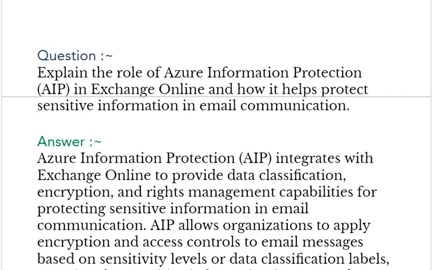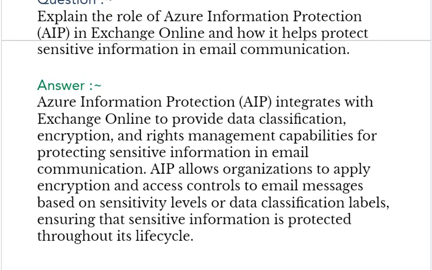Our next interview question is: explain the role of Azure Information Protection (AIP) in Exchange Online and how it helps protect sensitive information in email communication. Your answer should be: Azure Information Protection (AIP) integrates with Exchange Online to provide data classification, encryption, and rights management capabilities for protecting sensitive information in email communication.